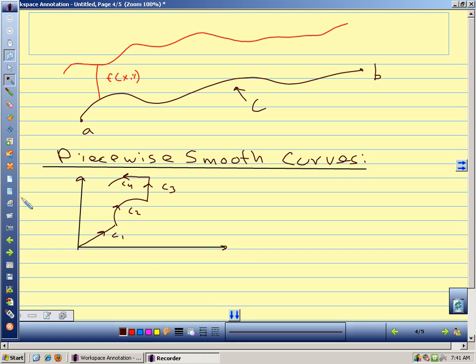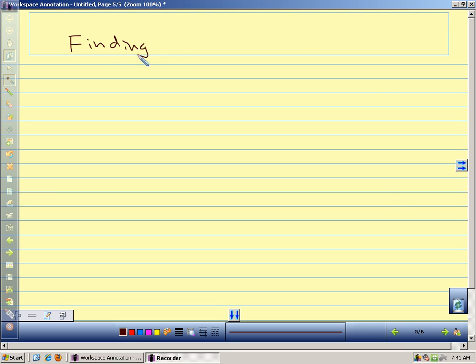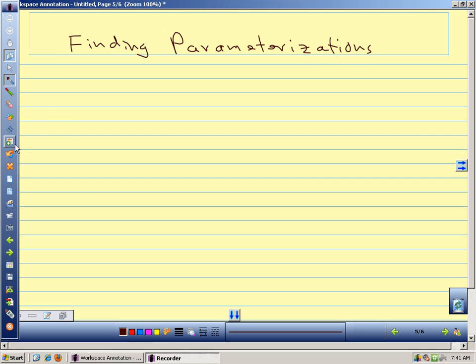Now I want to go back briefly and just remind us about finding parameterizations. We practiced with finding parameterizations earlier in the semester.